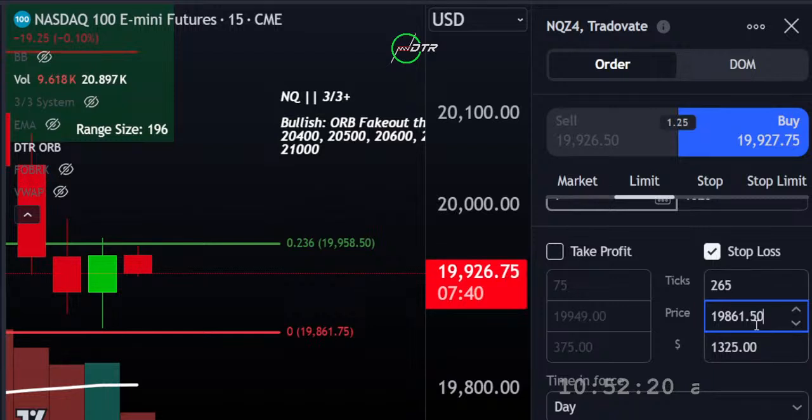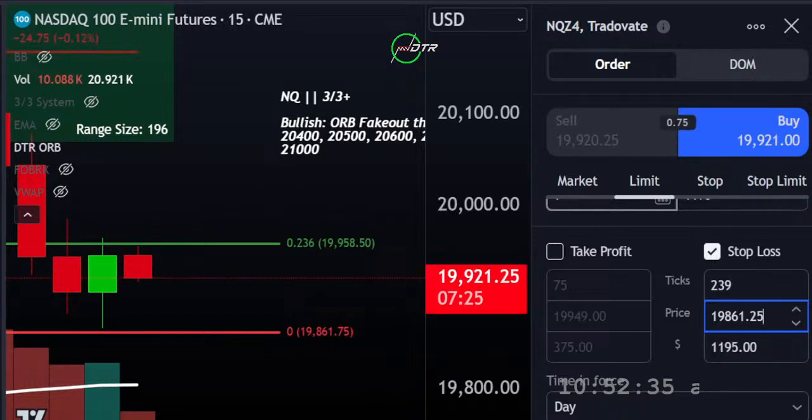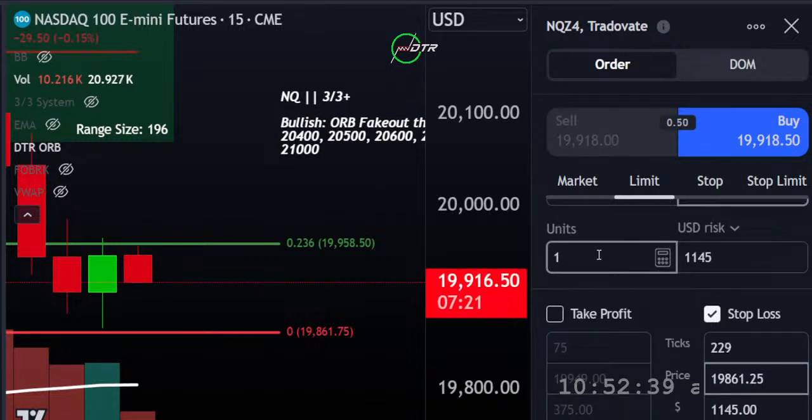So as is, I need to see at least another 30 points of pullback before this is justifiable. And that's going to be hard to get. That's only one contract, right?